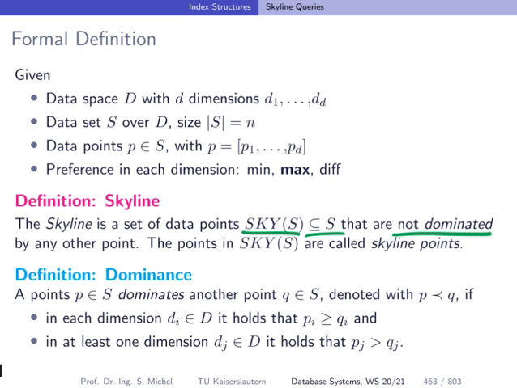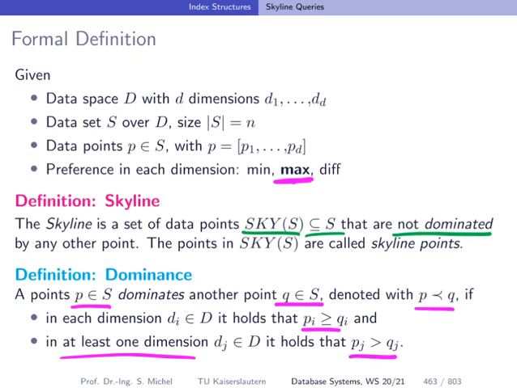Not dominated means, or the concept of dominance means, you have a point P, and this point P dominates another point Q. We write P dominates Q if for each dimension i, P is larger or equal to Q in this dimension, and in at least one dimension, P is strictly better than Q. This is for the case where larger numbers are better than smaller numbers.